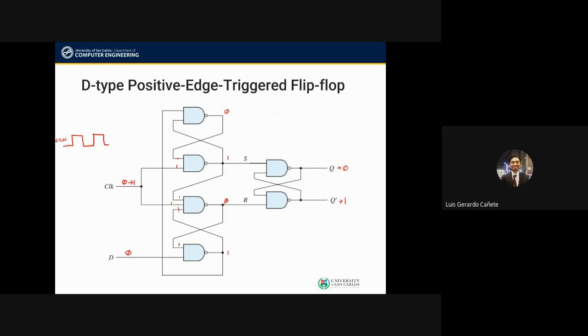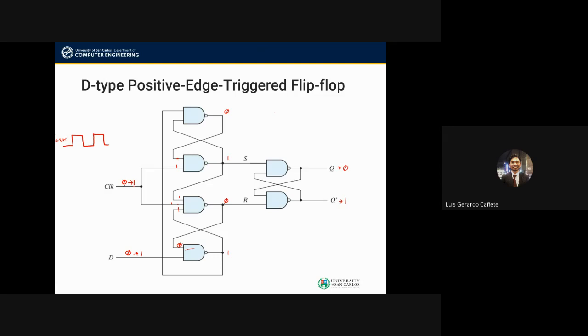So now that this is a 0 and this is a 1, notice that this would now be 0, right? So as long as this is 0, even though clock is 1, even though D transitions from 0 to 1, this will still remain as 1. So this will remain as 1, this will remain as 0, and this state will be maintained as long as clock is maintained at 1.